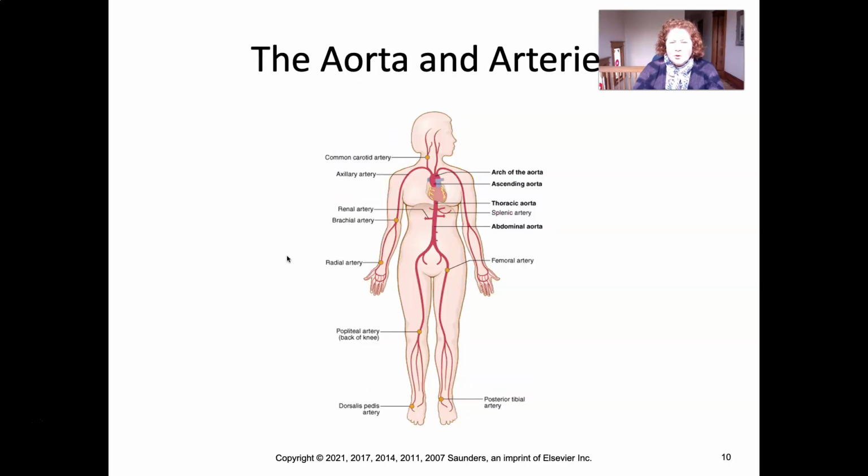All right, so aorta and arteries, where in the world are they and where do they go in the human body? Well, you have arteries all over the place. You need to take the oxygenated blood everywhere, up into your brain, all the way down to your feet and out to your hands, and throughout the central part of your body to get to the organs.